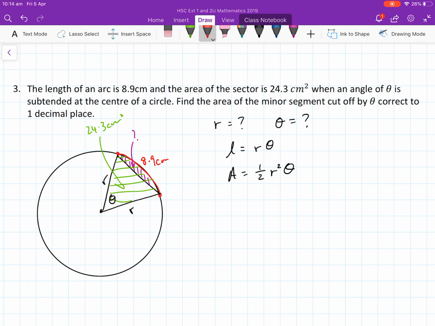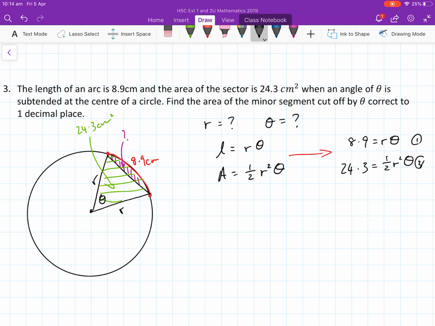So what do we know? Well, we know that 8.9 equals r theta, and 24.3 equals half r squared theta as well. Now, we might as well get one thing or the other and make it the subject. So we're going to have to substitute one into the other anyway. So equation 1, let's sub in theta. So theta is equal to 8.9 over r.